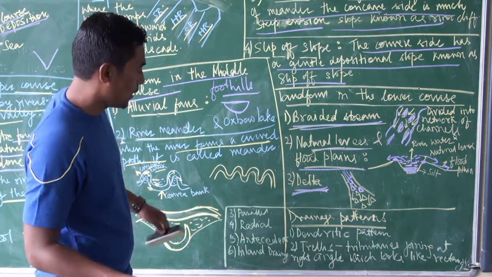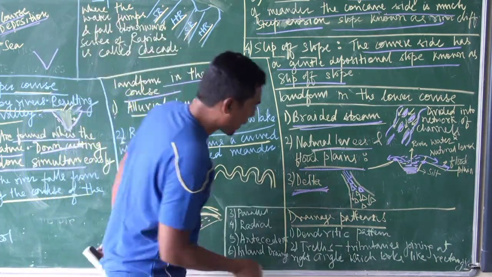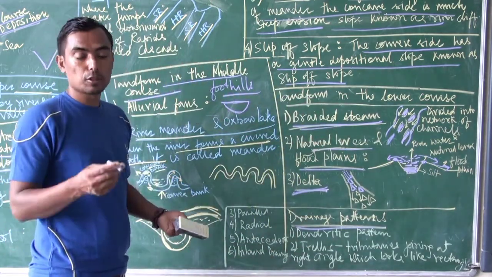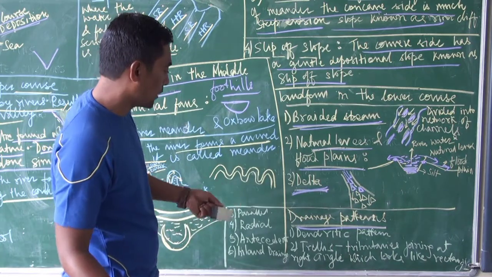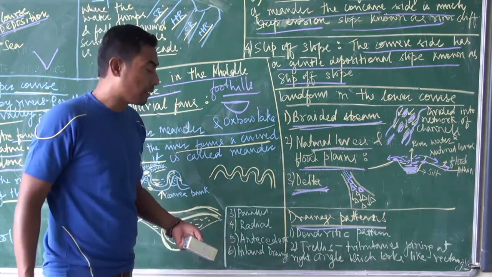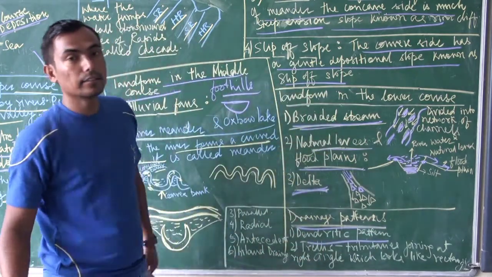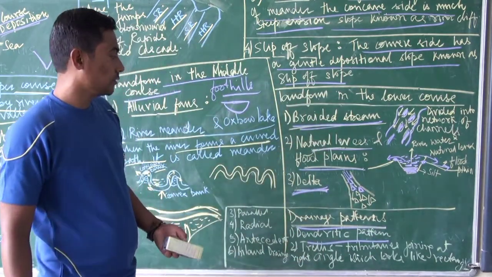Next, drainage pattern. I think you learned this in class 10, especially in the topographical map. But let us just go in brief. Dendritic pattern drainage system.